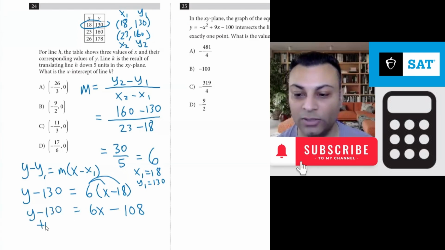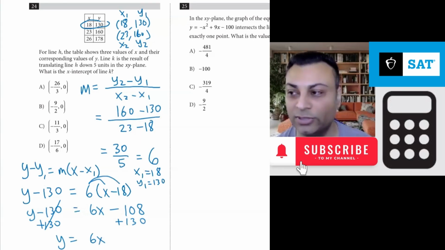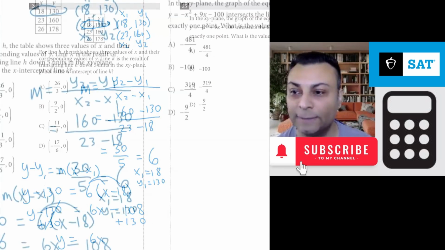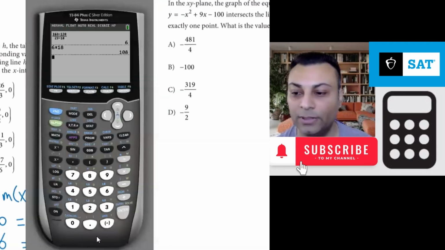We're going to add 130 here and add 130 to this. So we have y equals 6x. Now 130 minus 108, or negative 108 plus 130. Let's go ahead and do that. Negative 108 plus 130.